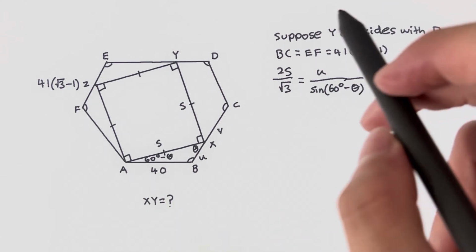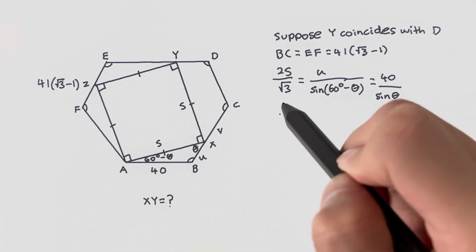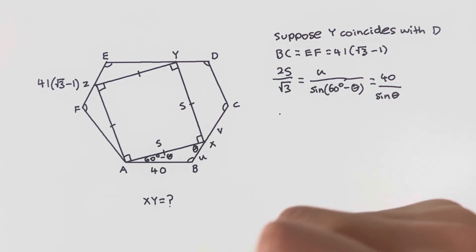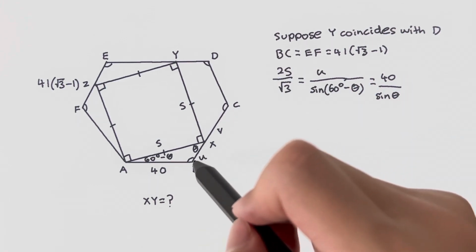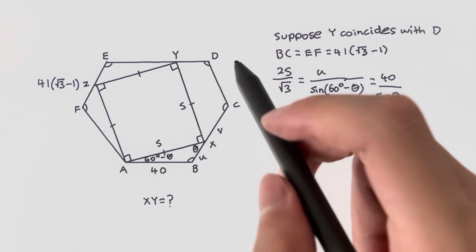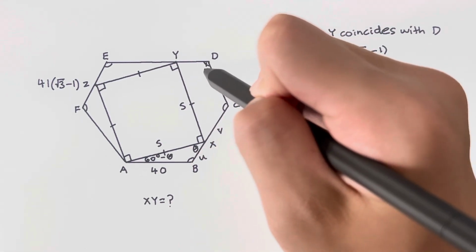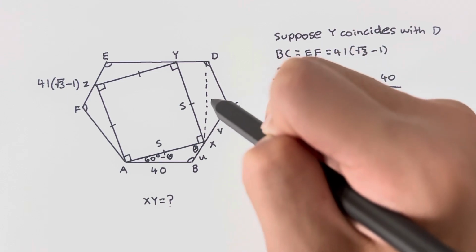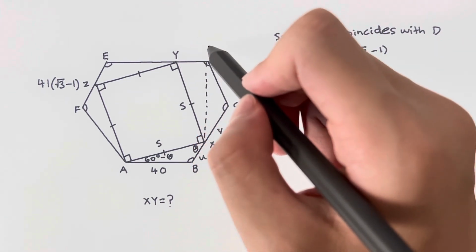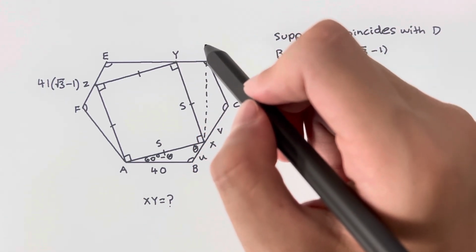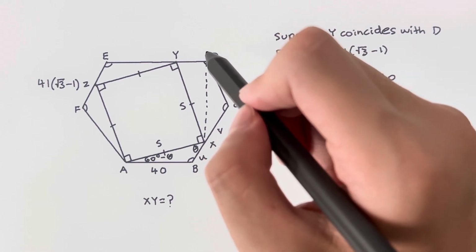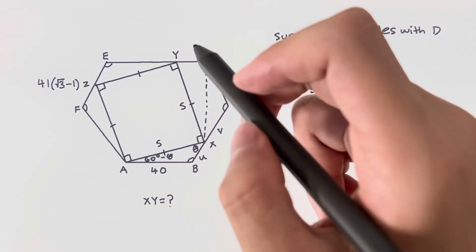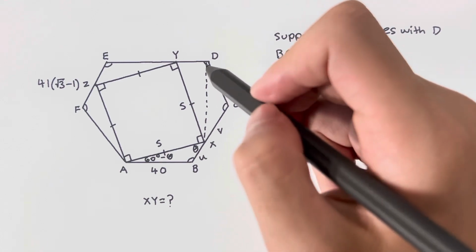We also have angle CXD, which is this angle. Remember that right now Y and D coincide. So D will actually be a vertex of the square. So angle CXD will be 90 degrees minus theta.